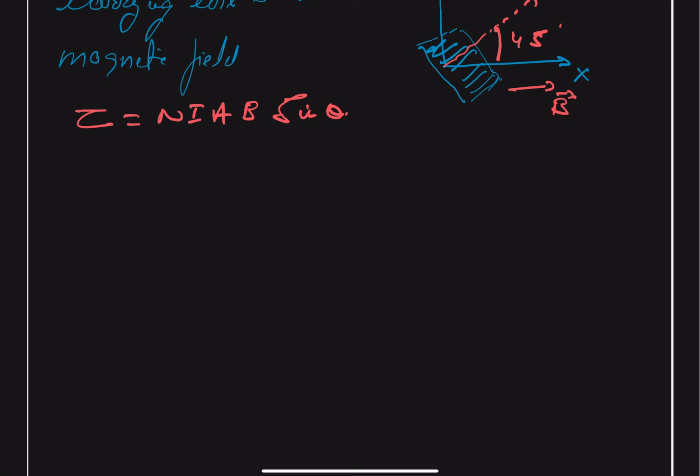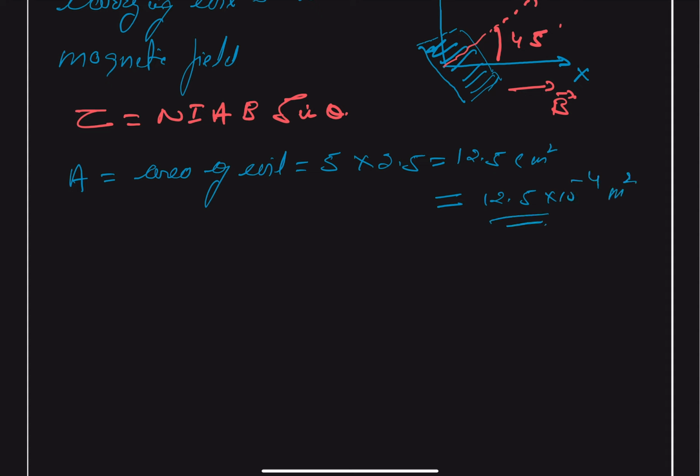A is the area of the coil, so we can find out its area. A is the area of coil, which will be equal to 5 times 2.5, and this comes as 12.5 centimeter square and can be written as 12.5 into 10 to the power minus 4 meter square, and the angle theta is 45 degree.